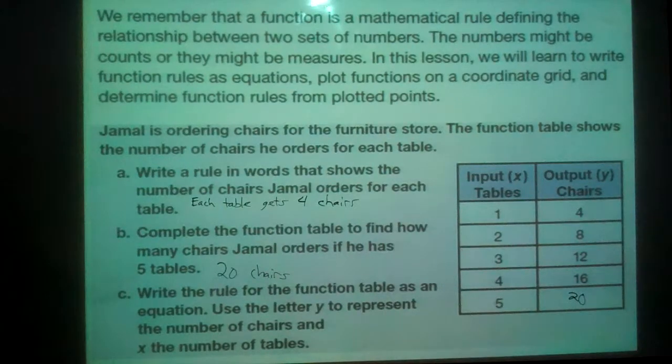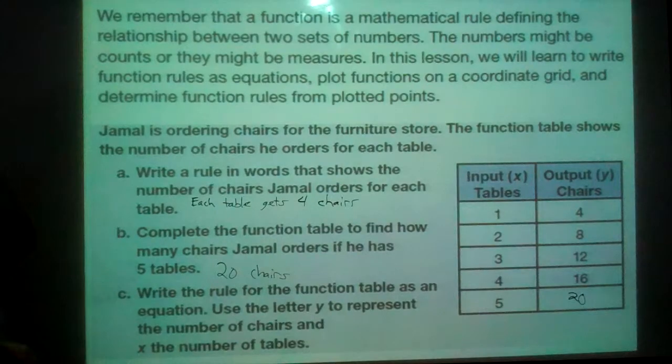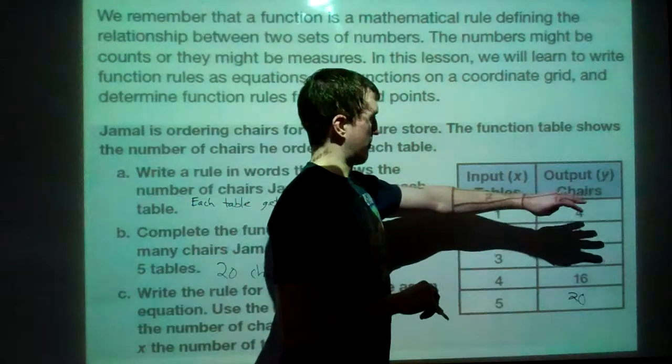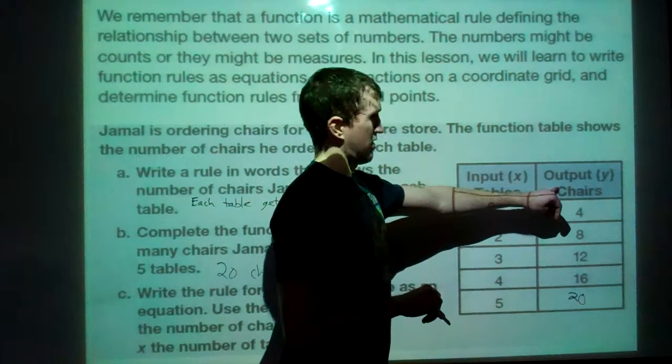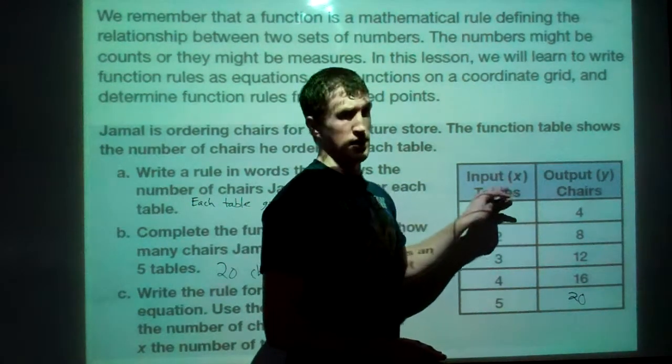Now it wants us to write the rule of the function table as an equation. Use the letter Y to represent the number of chairs and X to represent the number of tables. Alright, so I'm going to put C down here. So we're going to have Y equals X, or something of that fashion, okay? The output is all dependent upon what the input's going to be.